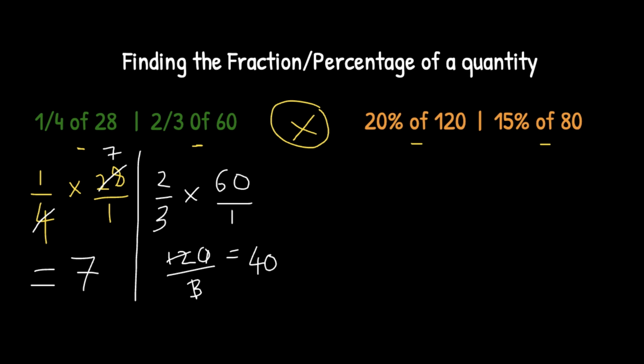All right, so now let's move on to percentages. One of the key things is this: whenever you hear the word percentage, it always means out of 100. So 20% actually means 20 out of 100, or 20 over 100. We already know that off means times 120, over 1.